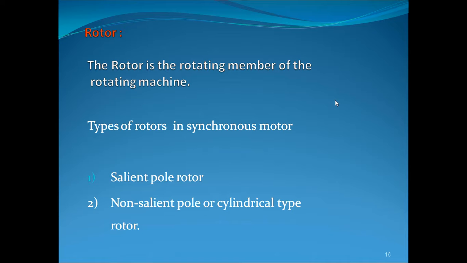The field excitation is usually provided from a small DC shunt or compound generator known as exciter, which is placed on the same shaft. As we know, the synchronous motor requires two supplies, AC and DC. The DC is required for the excitation.